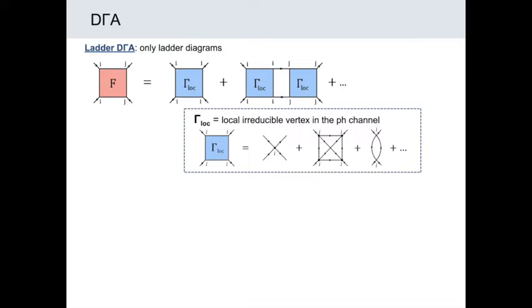So that is all you have. In this ladder DΓA, everything is limited to the particle-hole channel. And so we also use the vertex function irreducible in the particle-hole channel. That means it contains also diagrams which would be reducible in another channel, in the particle-hole transversal channel.